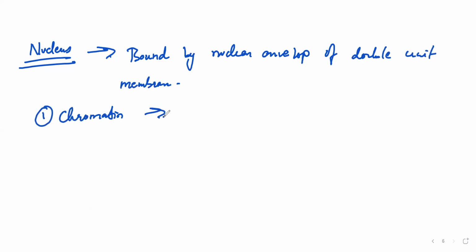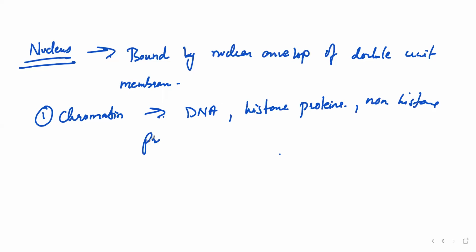Chromatin is basically a structure which contains your nuclear or genetic material, which is primarily the DNA. With the DNA, it will have histone proteins, then non-histone proteins, plus the RNA. Because if it's a virus or something like that, then the RNA will be the genetic material. Other than that, the genetic material will be what? DNA.